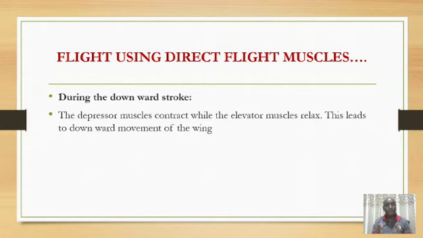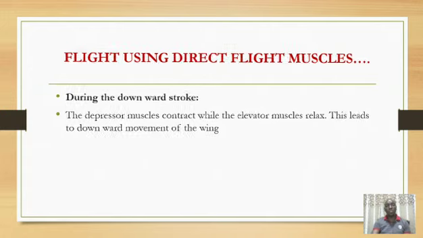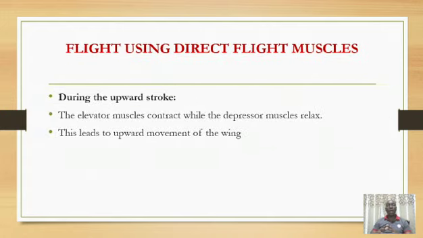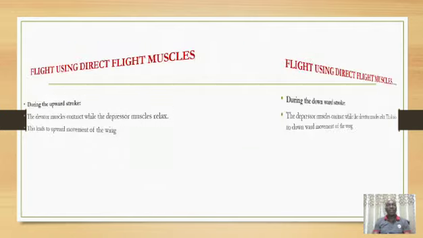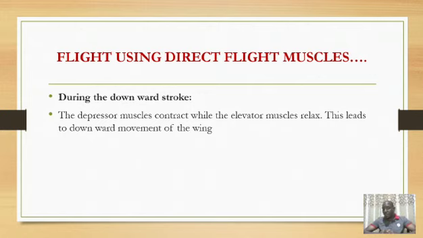In summary, flight using direct flight muscles occurs in two strokes, the upstroke and downstroke. During the upward stroke, elevator muscles contract, depressor muscles relax, the wings move upwards. During the downstroke, the opposite, depressor muscles contract, elevator muscles relax, and the wings move down.